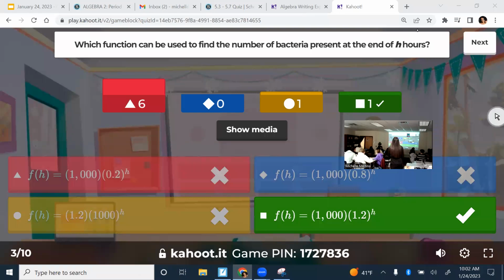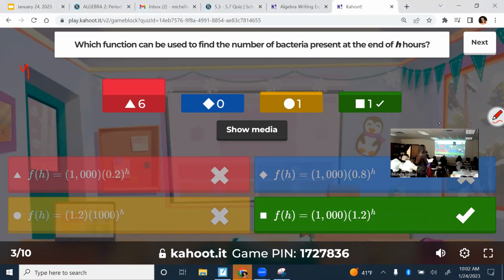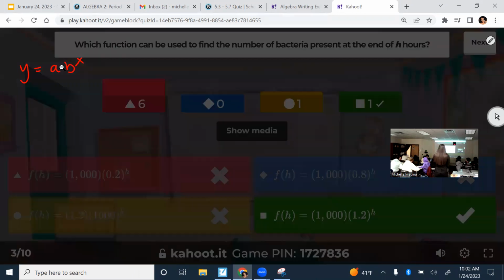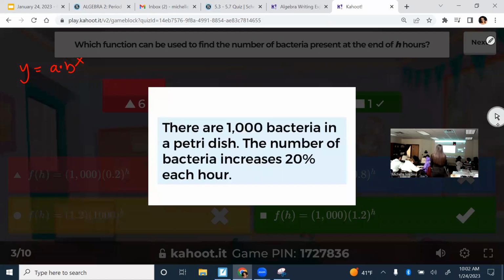So you could use your traditional exponential function as a model, but whenever they give you a percent, it might be better to use the one that has, instead of B, 1 plus or minus R. So that one, is this growing or decreasing? All right, so increasing means growth. So use the 1 for growth. That's the one that's A parentheses 1 plus R to the T power.